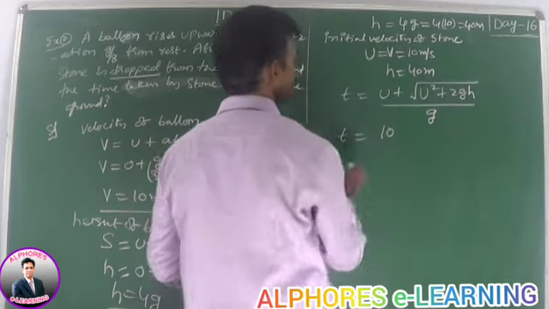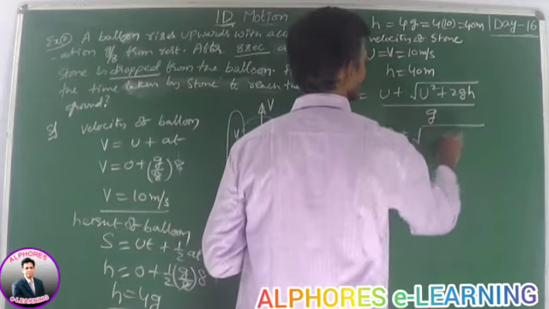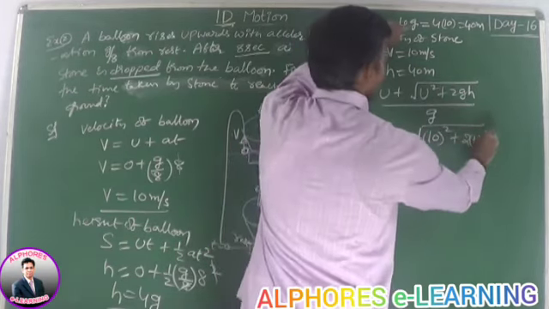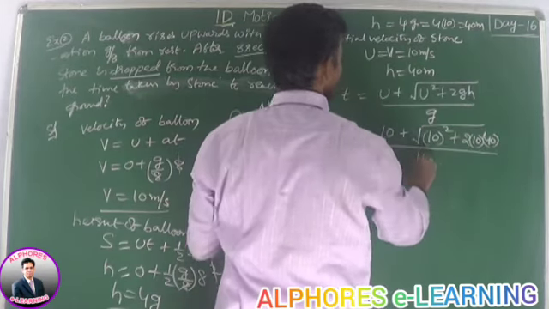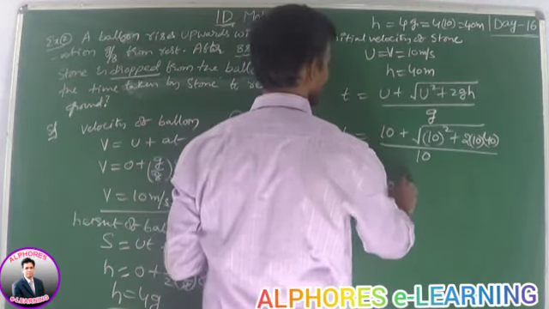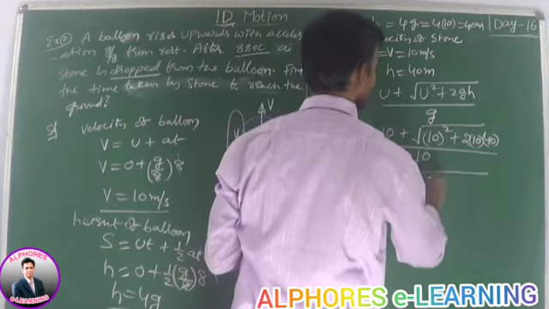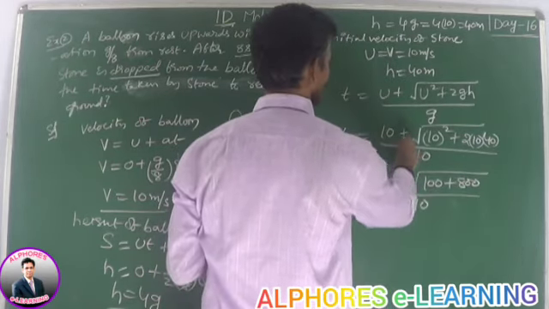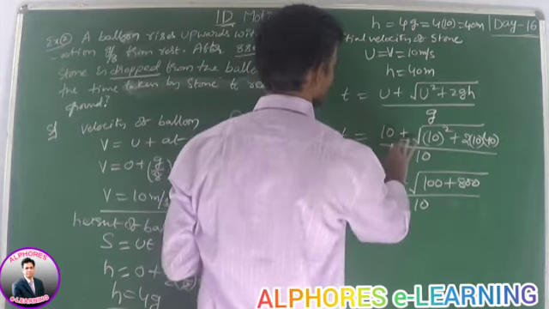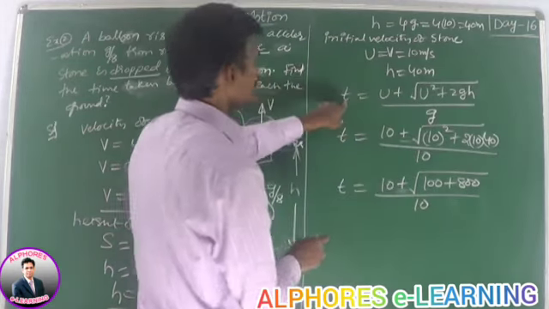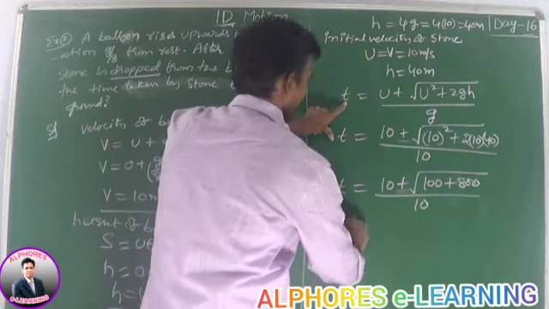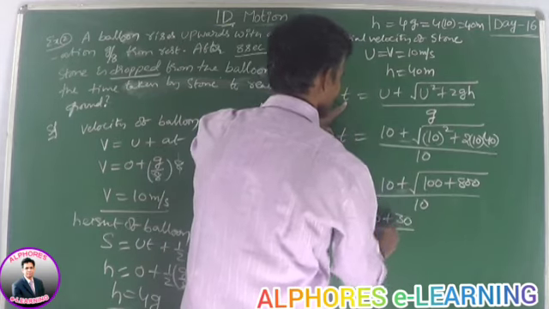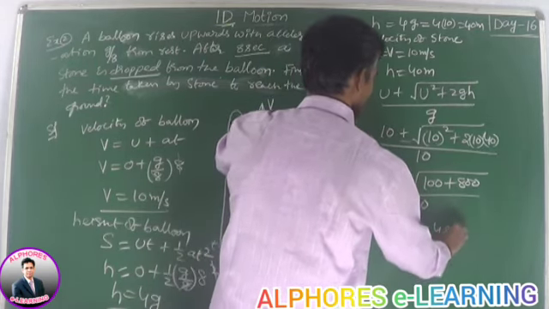So t is 10 plus under root 10 square plus 2 into 10 into h, which is 40 meters, by g, which is 10. So this time of flight is 10 plus under root 100 plus 800, by 10. Plus, we already have this formula. So this time is 10 plus root 900, that is 30, by 10. This is 4 seconds.